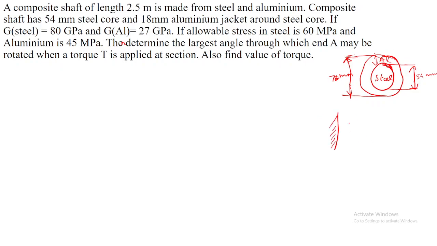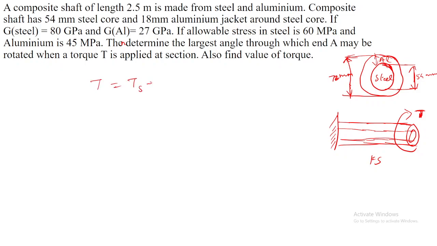For example, when you are viewing it from the front side, it will be something like this, and it is subjected to a single torque T. And this T is equal to T steel plus T aluminum.